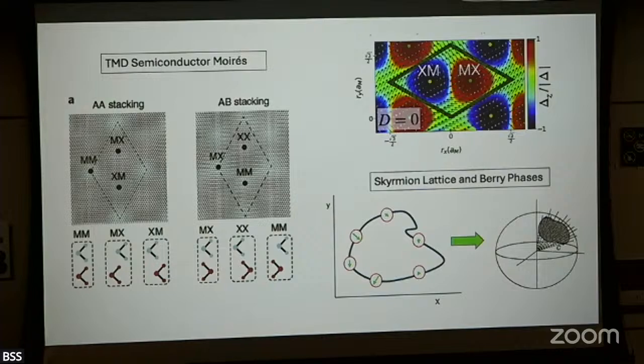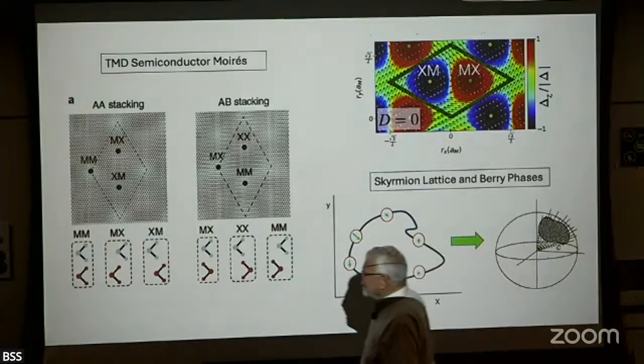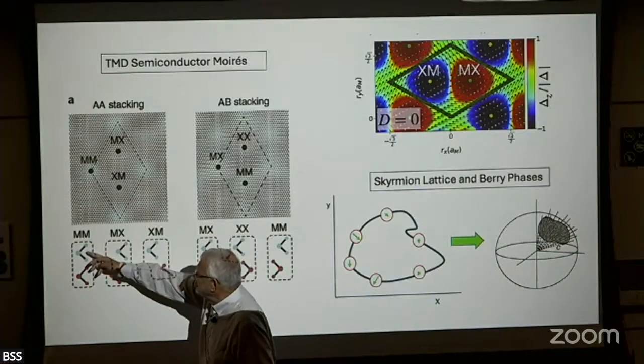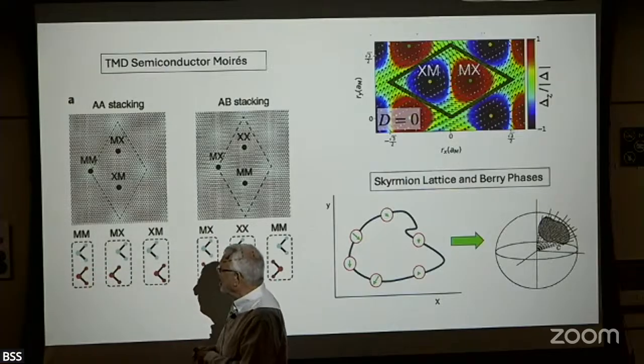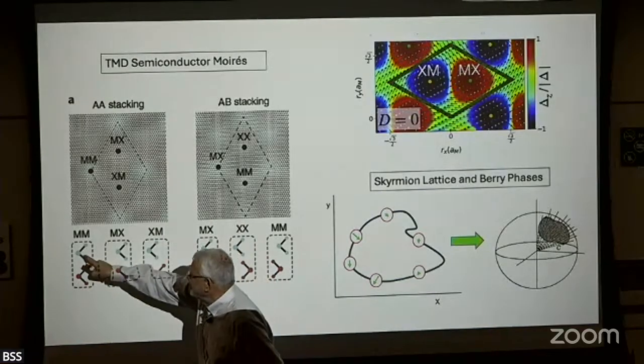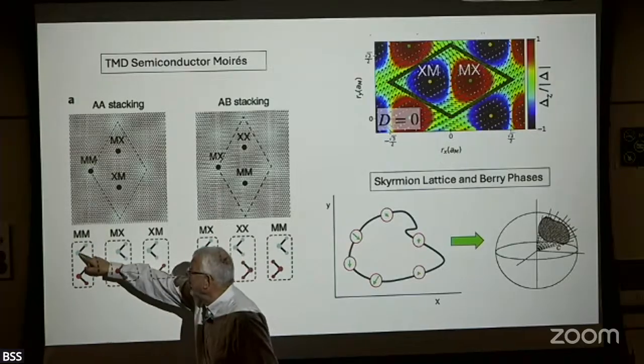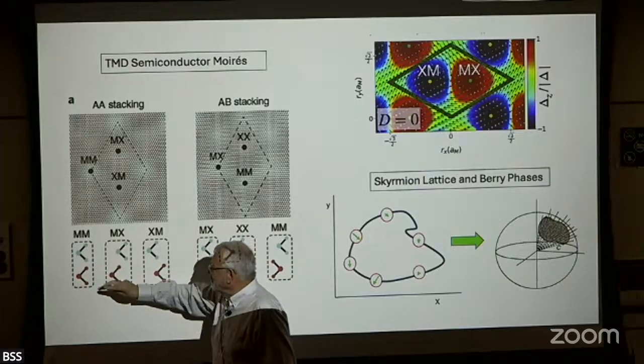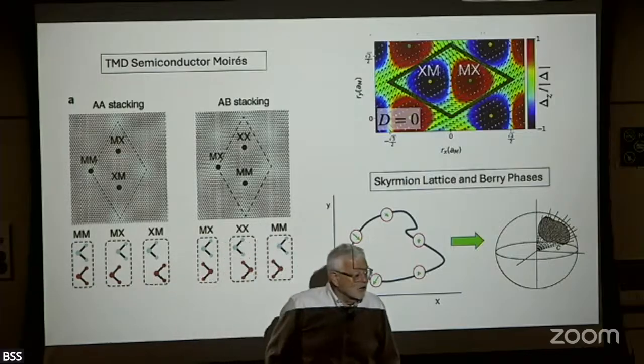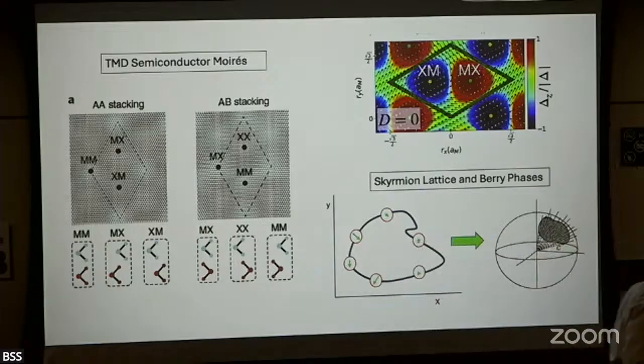To say we already did it, let me remind you that this is a transition metal dichalcogenide. Each unit cell has 2 chalcogen atoms, 2 sulfur atoms, say, and 1 metal atom. And the structure, if I look at a single layer from above, has a triangular lattice of metal atoms and a triangular lattice of the 2 chalcogen atoms above and below the metal.